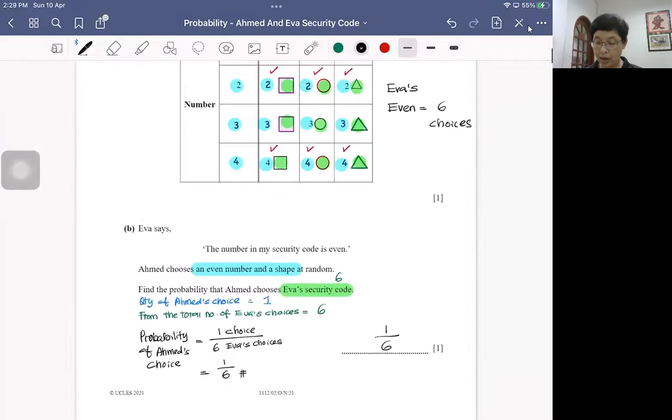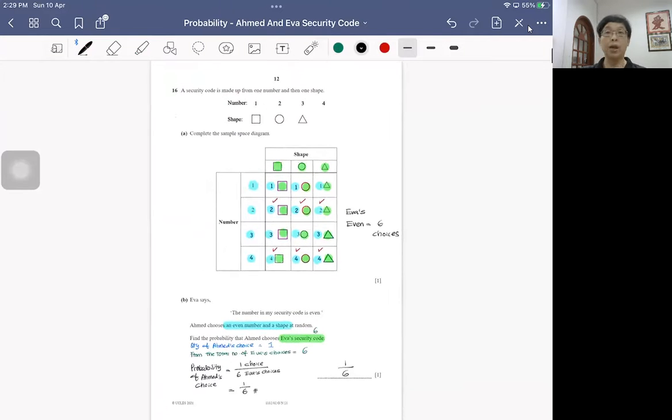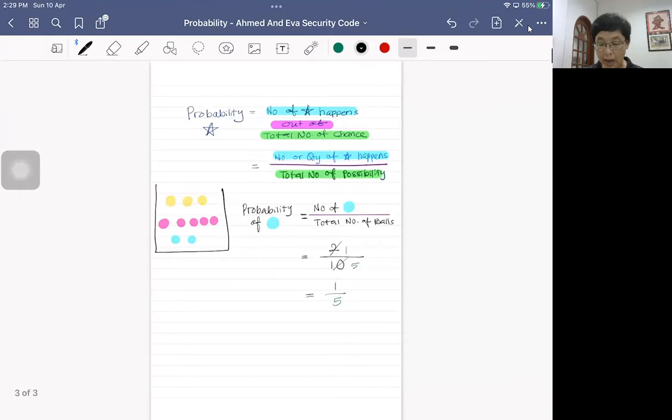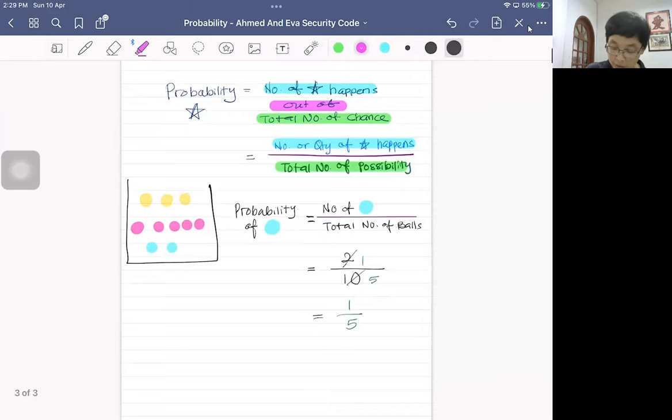I hope this explanation may help all of us get to know probability better. And before I end, I would like to refresh once again. The whole idea of probability is this. All right, so I'm going to box that out. So this is the basic probability.